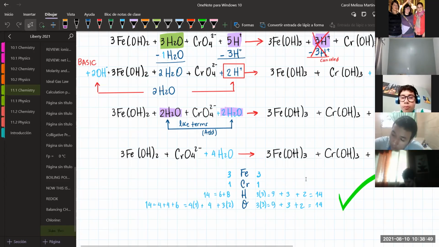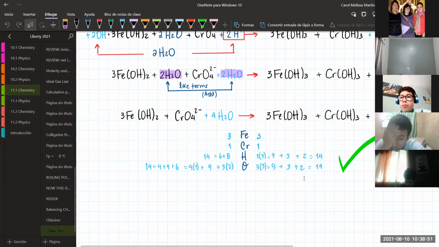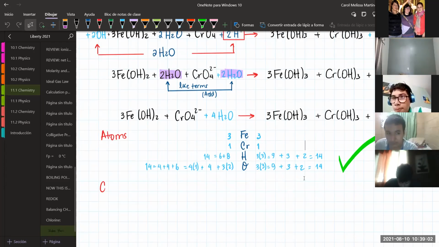But remember that we also do a final check of the charges. So here we check the atoms, and here we check the charges. Now for the charges, because this is a compound, the charge is 0. Here we have -2, and here we have 0. In the products, we have 0, we have 0, and here the charge is 2 times -1.